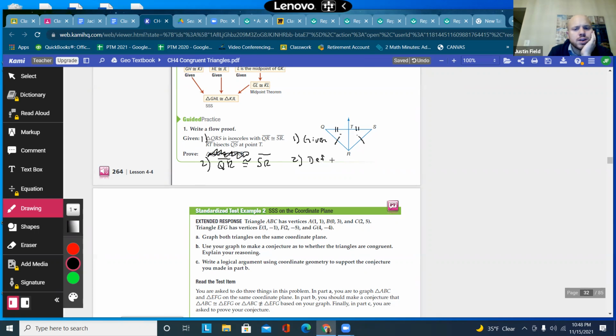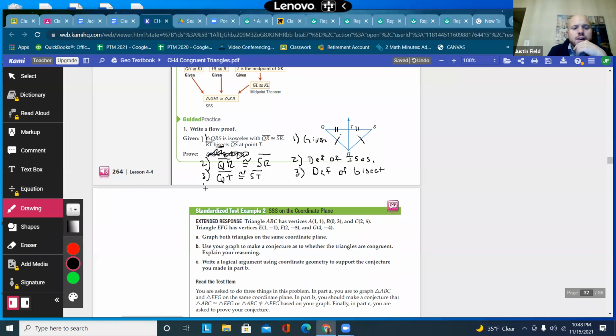Definition of isosceles. All right, that was because we had an isosceles triangle. And then QT, ST. And who knows why that was? That was because of the bisecting. So I'm going to say definition of bisector, or just bisect.